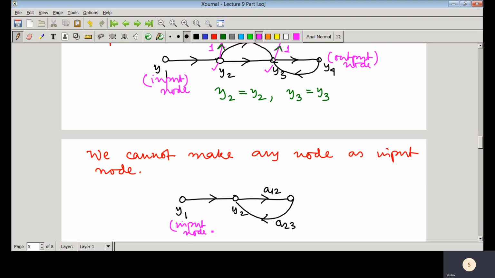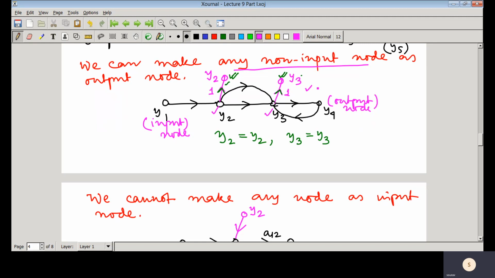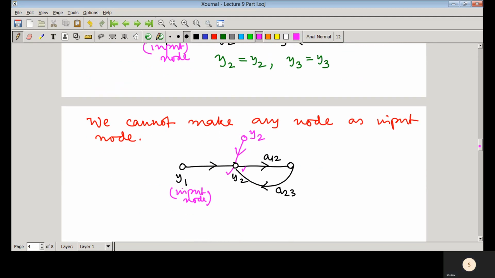Suppose we want to make this particular node an input node. So suppose this is one node, y2, because our objective is to make y2 an input node, just like the output node. If we do it for input, then what happens?